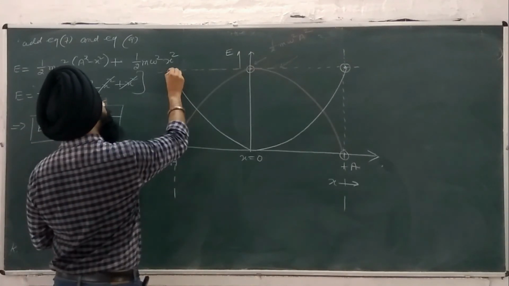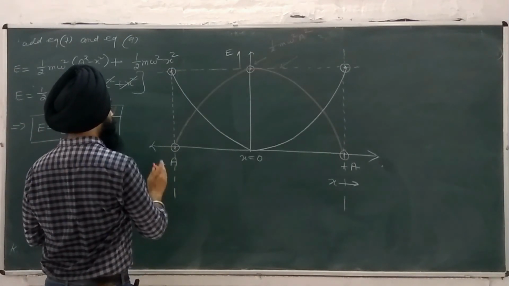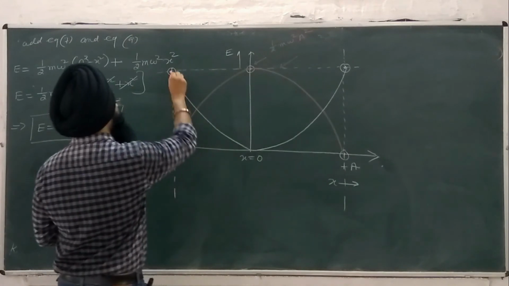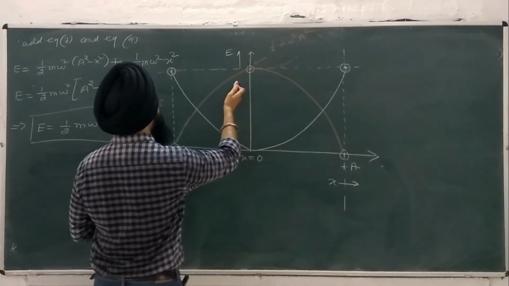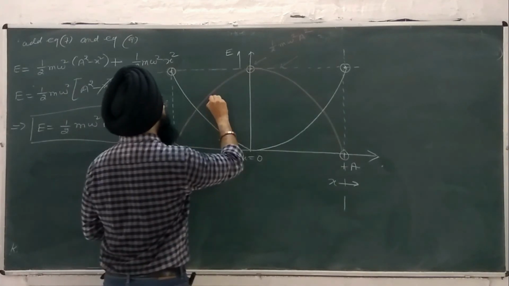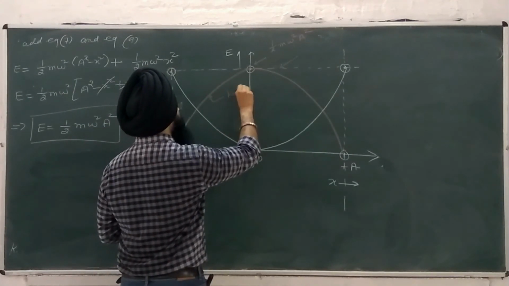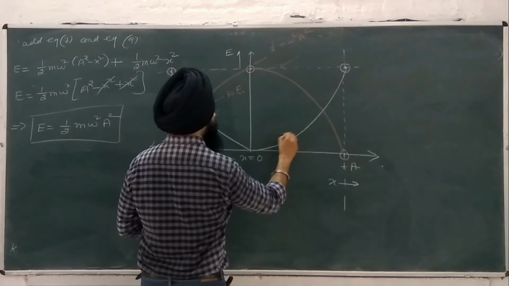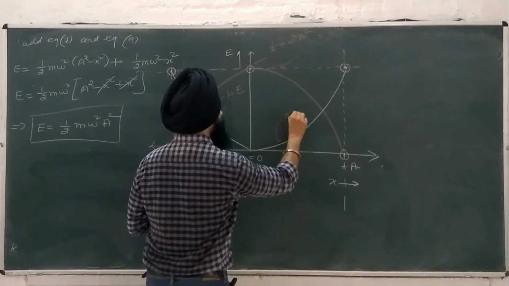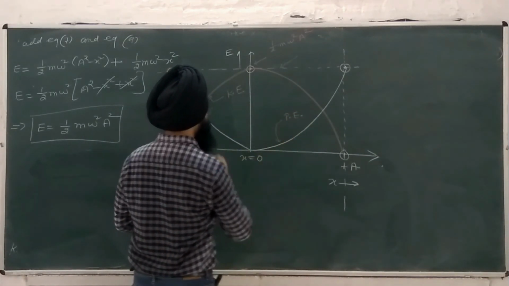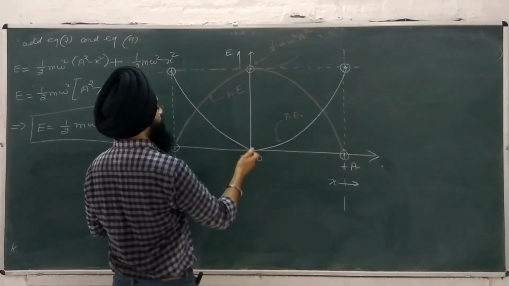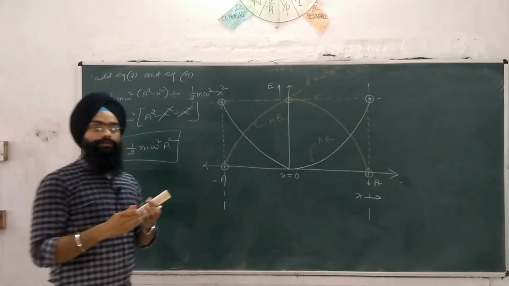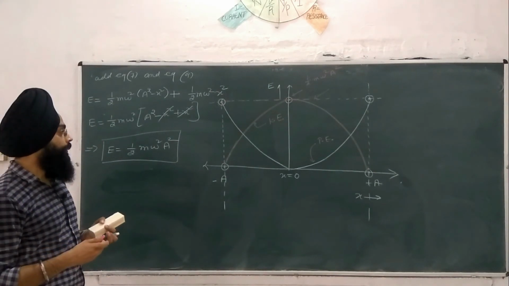Now here at x equal to minus a or plus a, the value of potential energy is equal to total energy, but the value of kinetic energy is 0. This is our kinetic energy. This is our potential energy, which is 0 at the mean position. But at the mean position, the kinetic energy is equal to total energy and the potential energy is 0. Again, the total energy remains the same.